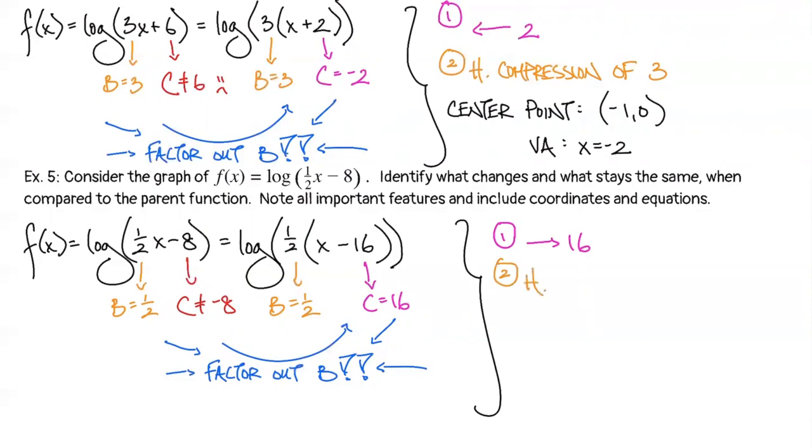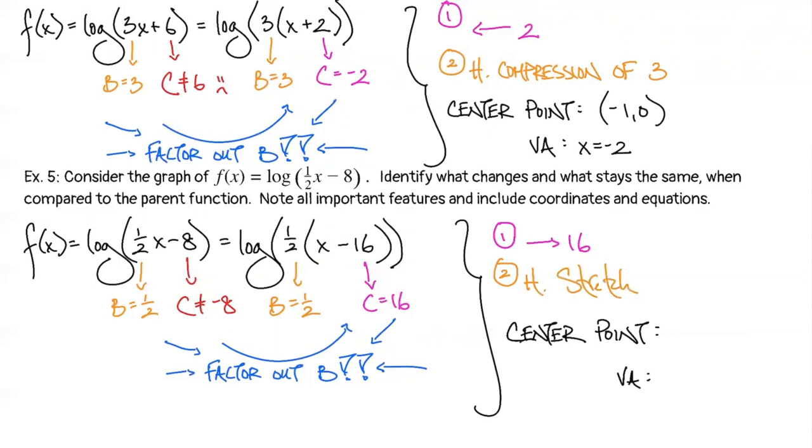Am I going to have a horizontal stretch or a horizontal compression here? Yeah, we're going to have a horizontal stretch because it is the opposite of what we think.